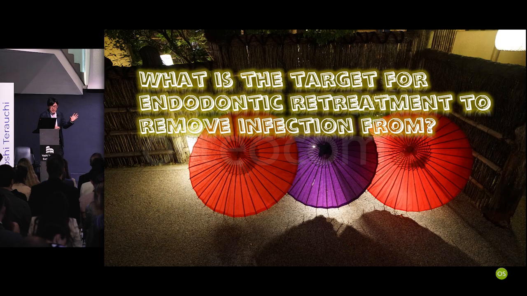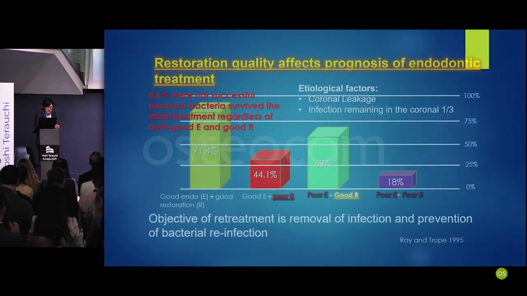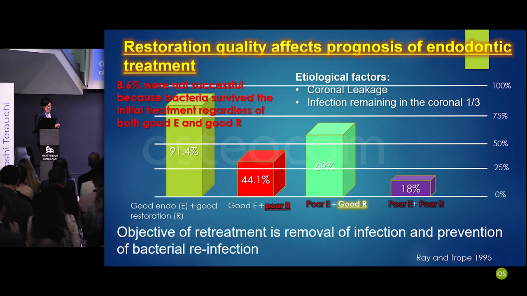So now, changing the topic to the next topic. What is the target for endodontic retreatment, to remove infection from? This is a very famous study done by Ray and Trope in 1995.